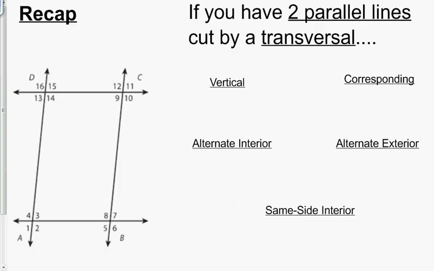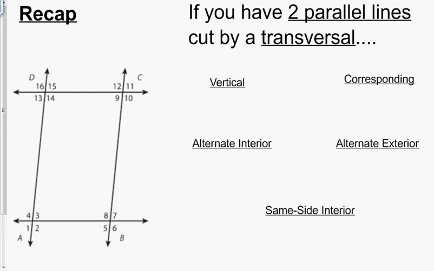So here's a quick recap of what we learned. These are all true if two parallel lines are cut by a transversal. There's a few examples where we have parallel lines and then a transversal, or more than one transversal. But I just want to give some examples. So let's just talk about vertical angles first.